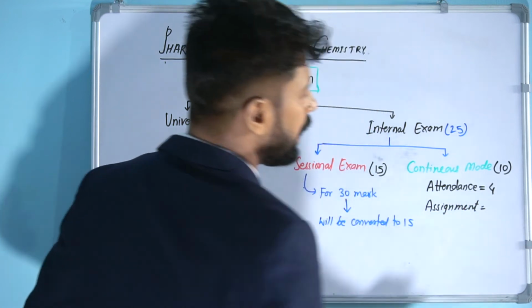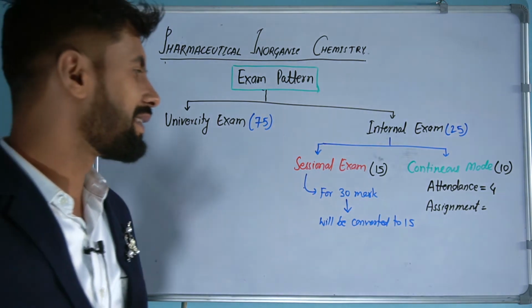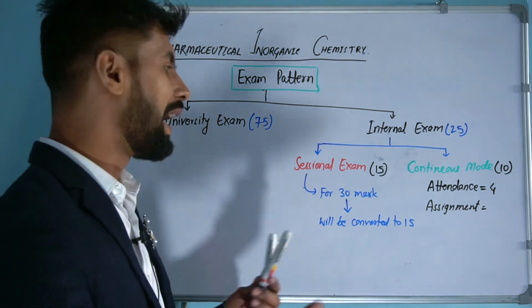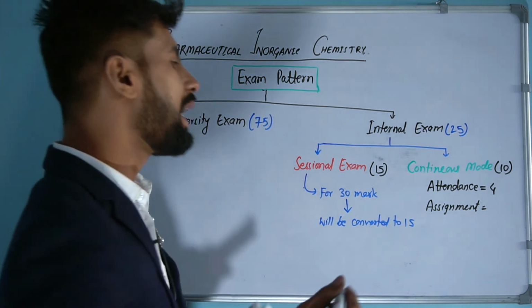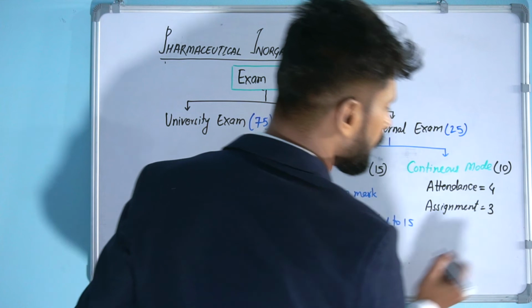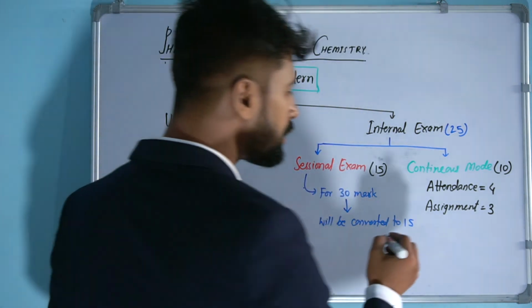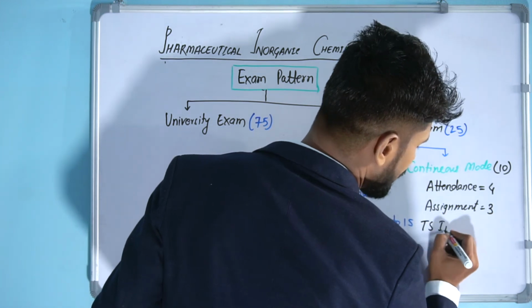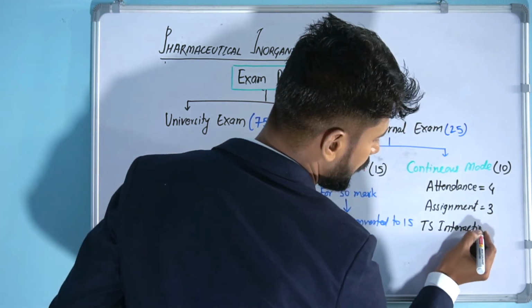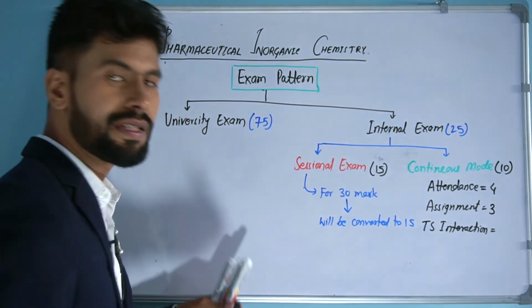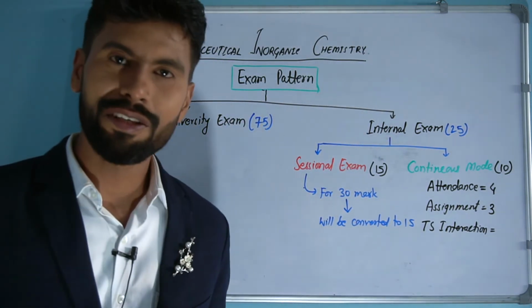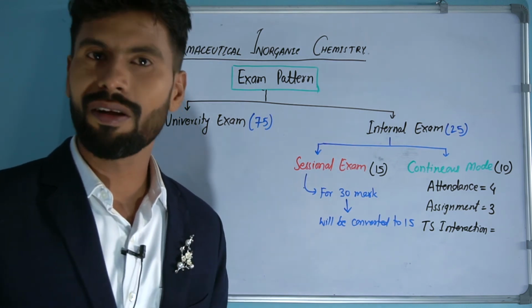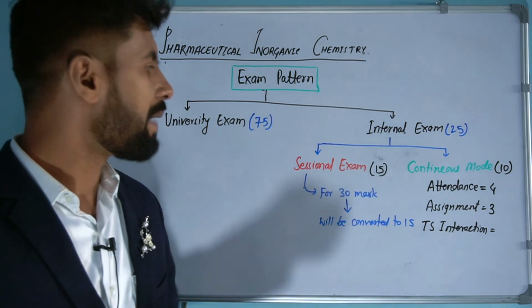During class, your faculty will assign certain topics to you, and you have to prepare them and submit them. That carries 3 marks. Next is teacher student interaction, which means during class, whether you are interacting and communicating with your teacher or not, and that will determine the remaining 3 marks.